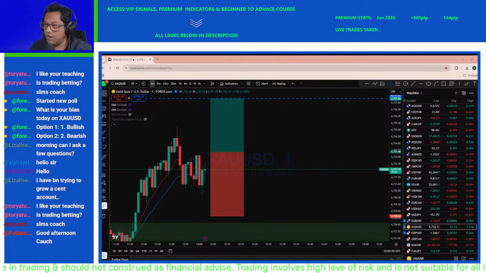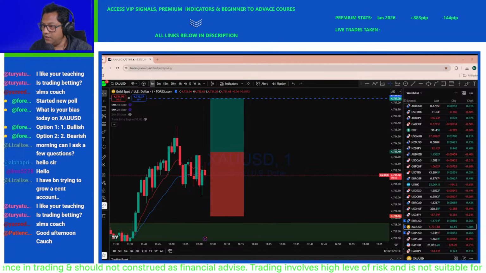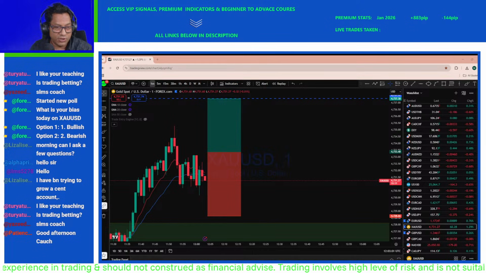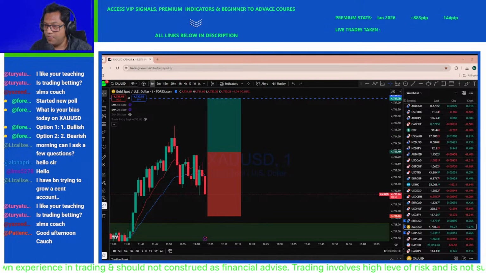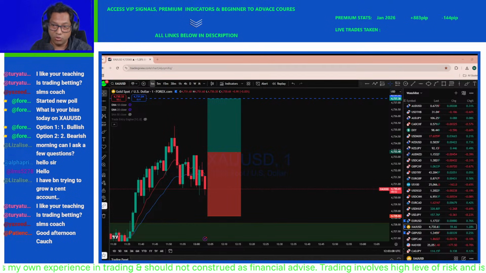So buy stop order at 4733.40. I'll be placing the stop loss below, so if it is breaking below here, we'll let it break below.